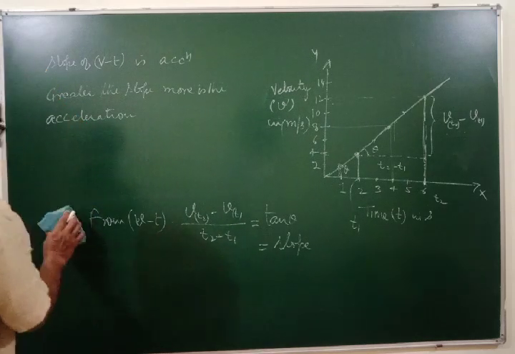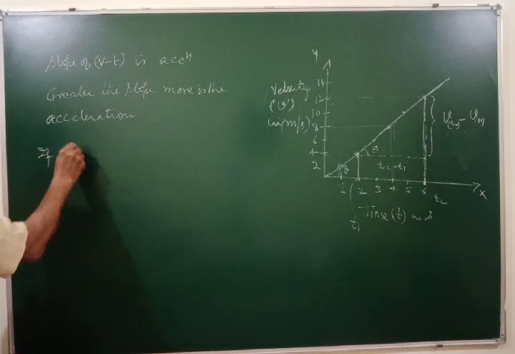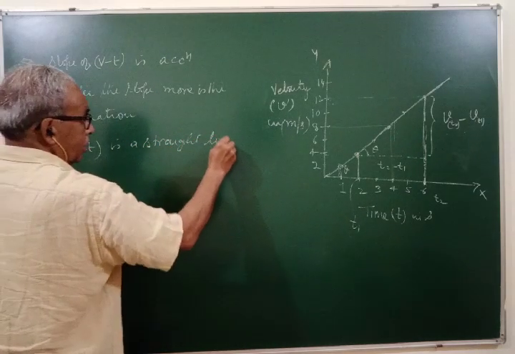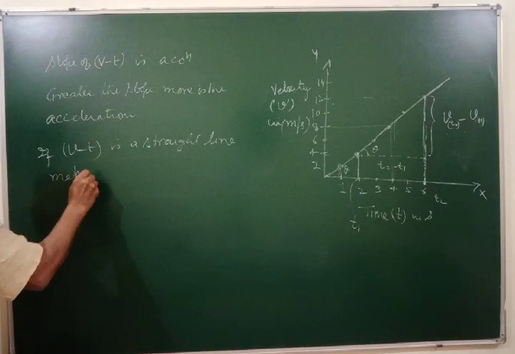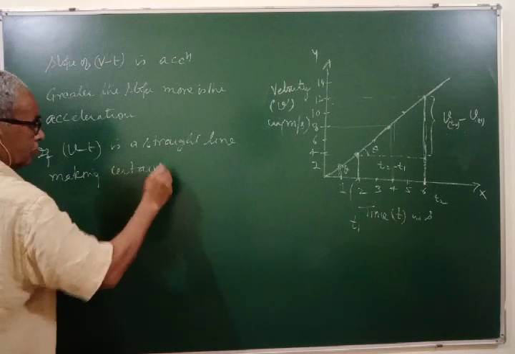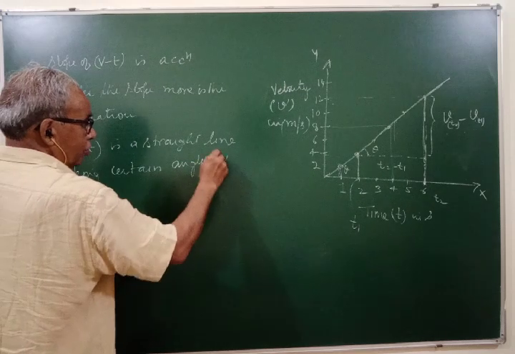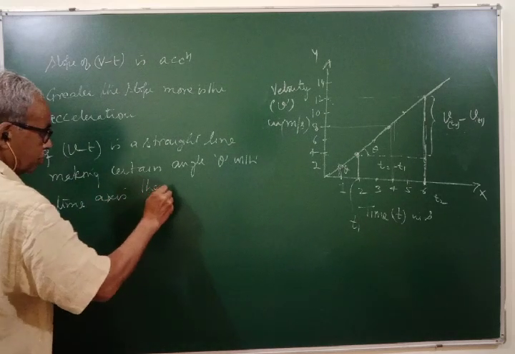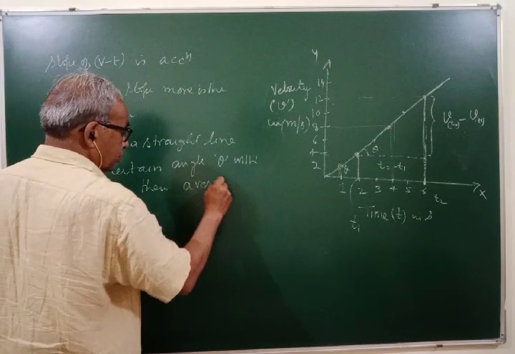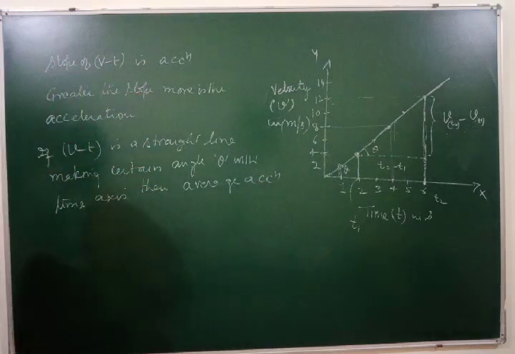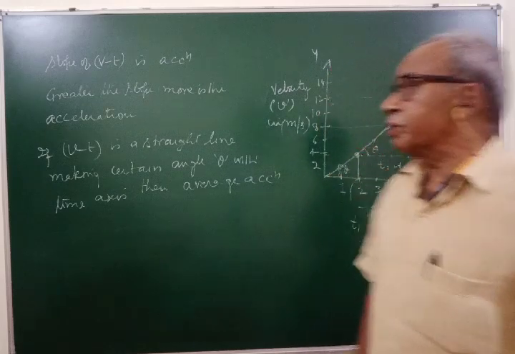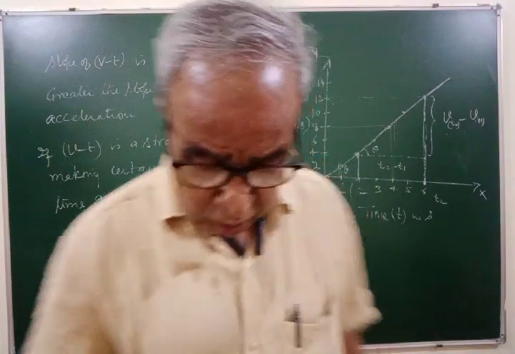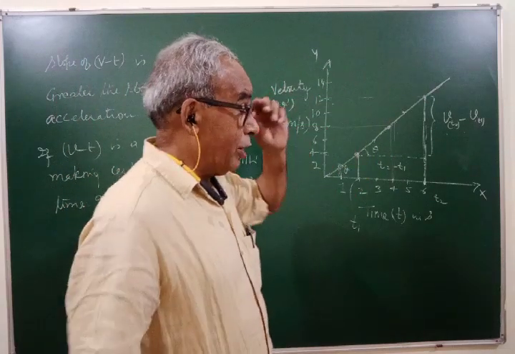Now if the Vt graph is a straight line making a certain angle theta with the time axis, then average acceleration, actually Vt2 minus Vt1 upon T2 minus T1, gives us average acceleration, because for a large interval of time the change in velocity may not be the same, but here in this graph, velocity is changing at a constant rate.